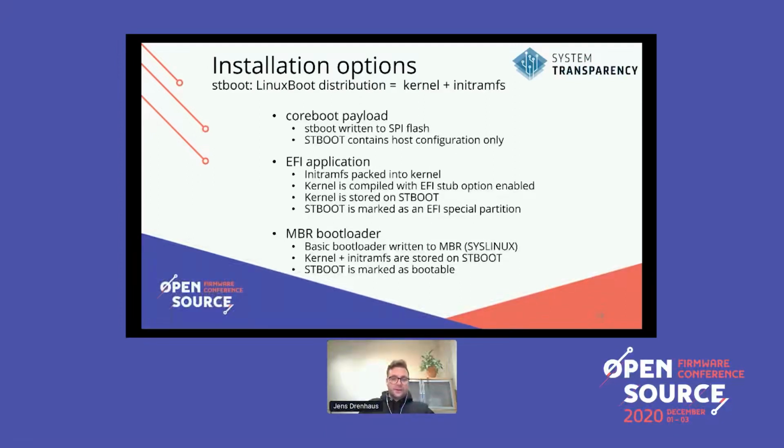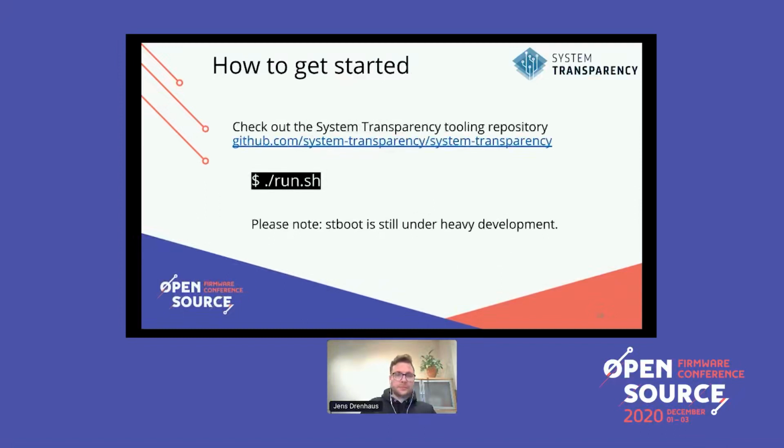All right, so that's it. These are the 3 installation options for stboot. I hope you are thrilled to get your hands on stboot now, so I will show you where to go. In order to get started with stboot and try it out, just visit our tooling repository. It will serve you as a framework to build and arrange all the components you have heard during this talk.